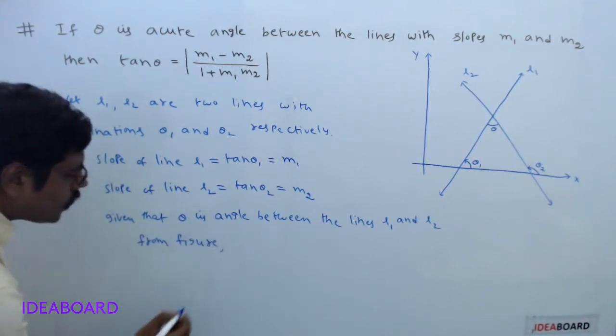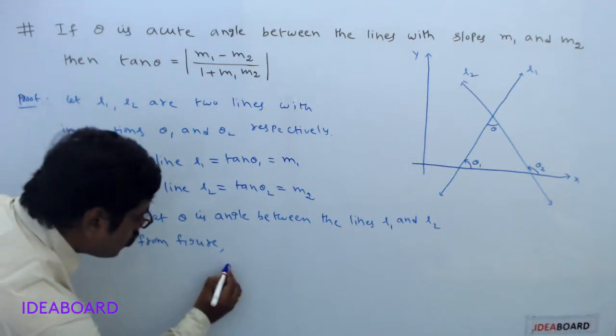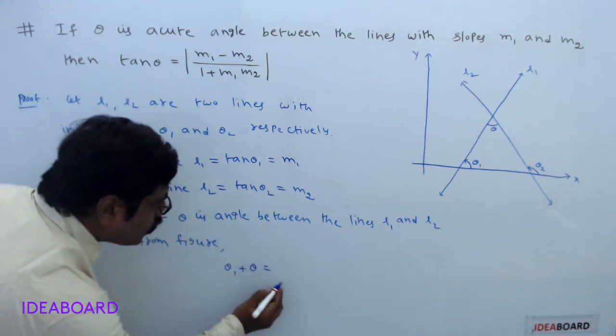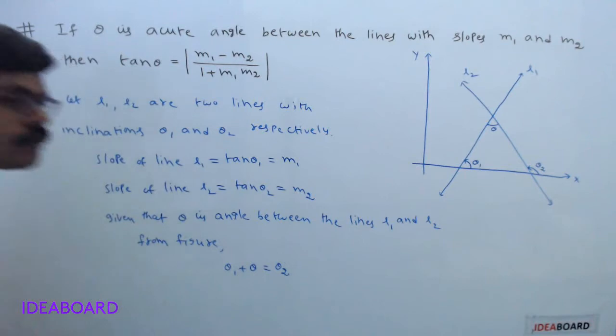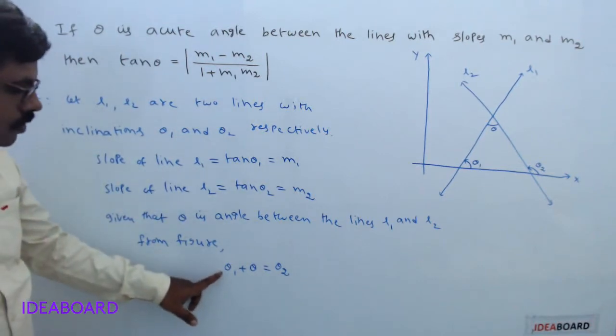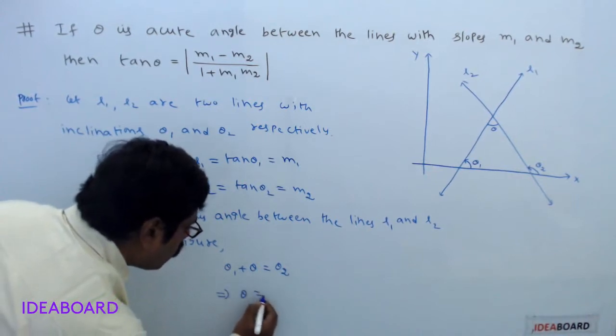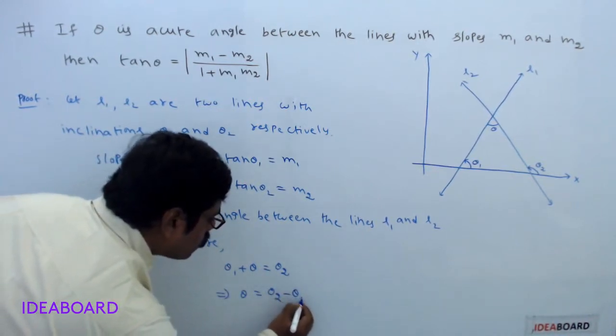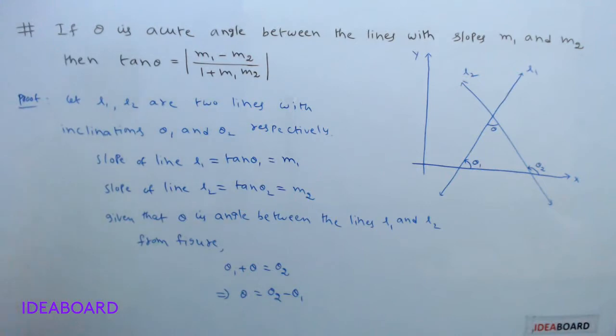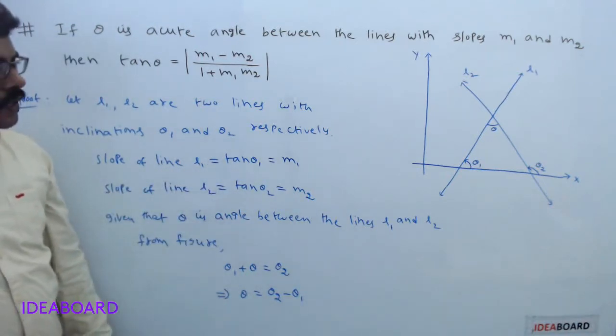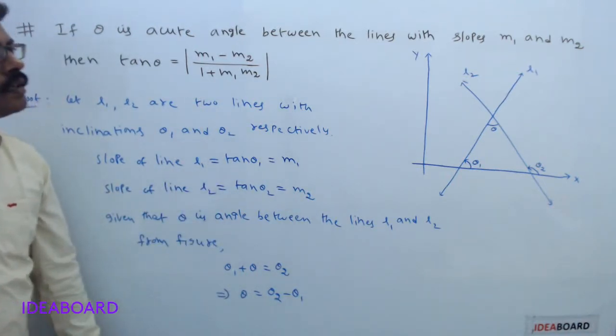So from the diagram, theta 1 plus theta equals theta 2. Bring this theta 1 from LHS to RHS. So theta equals theta 2 minus theta 1. First write down these steps, then we will discuss the continuation.